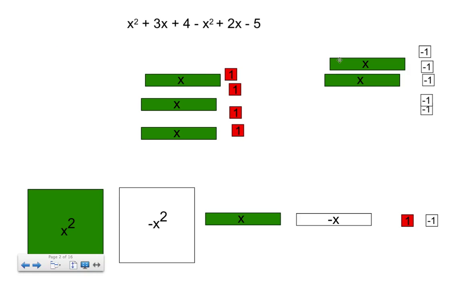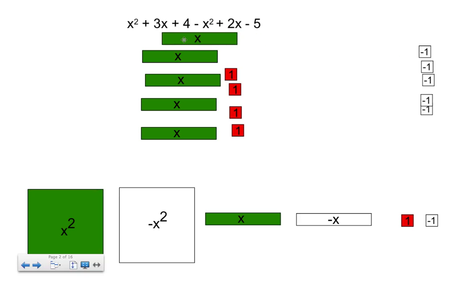Okay? And I now have 5 x's, and so the x squared and the negative x squared canceled each other out. I have 3x plus 2x giving me the 5x's. And then again, I have some 1s. I'm not sure if you learned how to do integers this way, but these will cancel out as well.